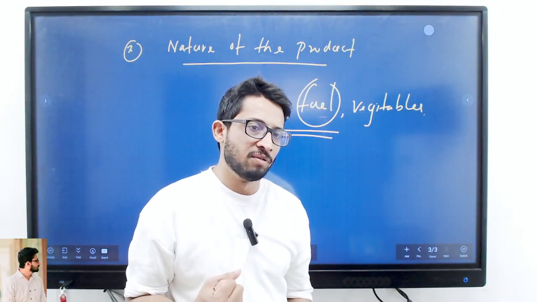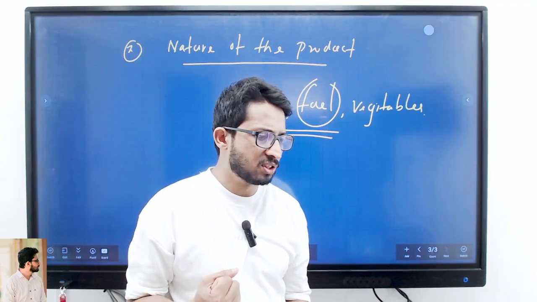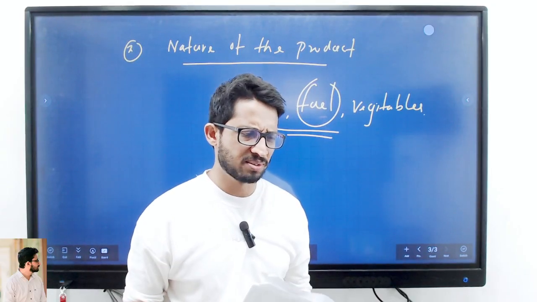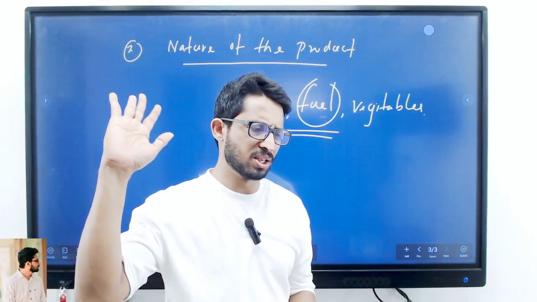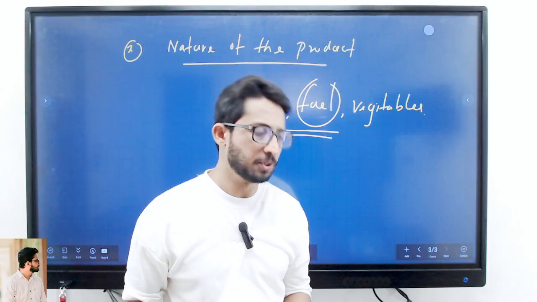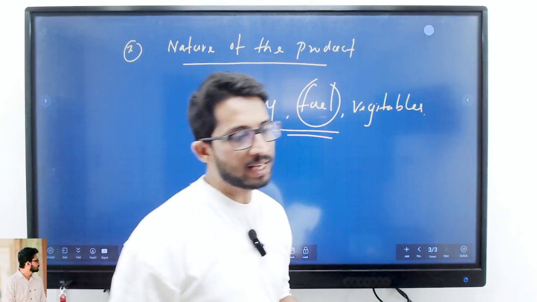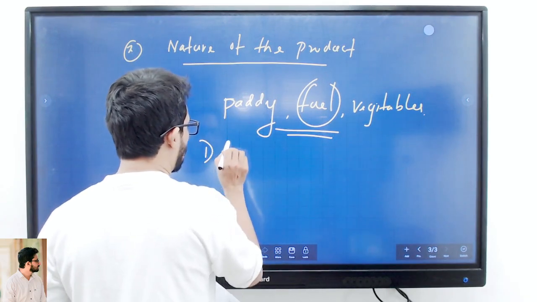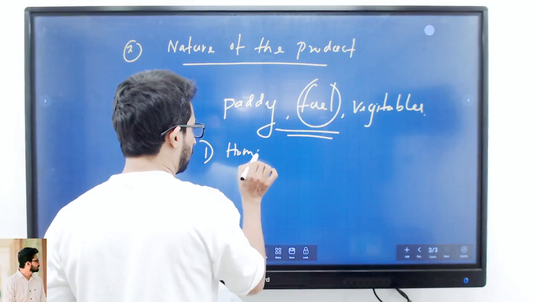This means we don't have any preference towards any seller. We can buy from anyone because all products are the same. Did you get what I said? So the nature of the product can be homogeneous or identical.